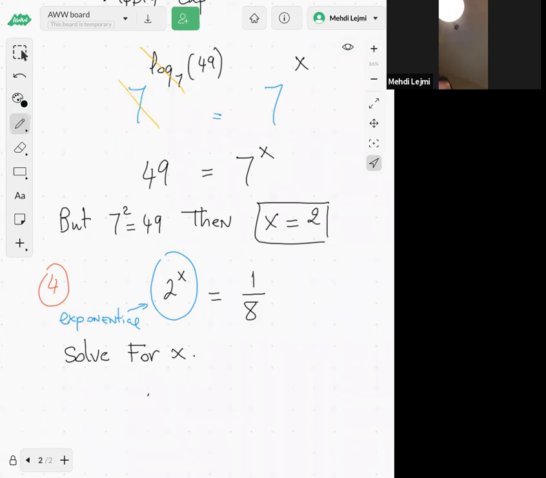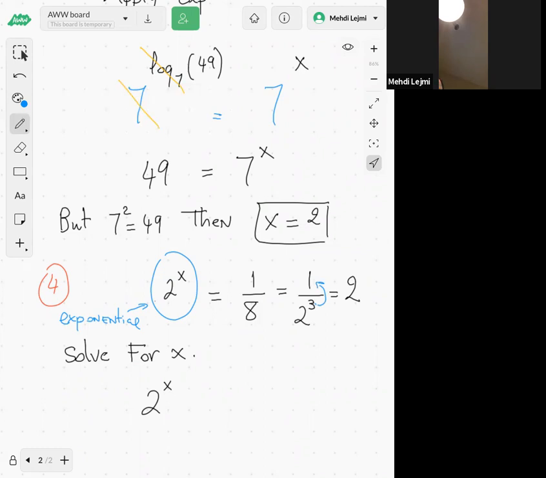The thing is, you can write this 1/8 as 1 over 2 cubed, since 8 is 2 cubed. And 1 over 2 cubed equals 2 to the power, if you move this power 3 to the top, that will be -3.